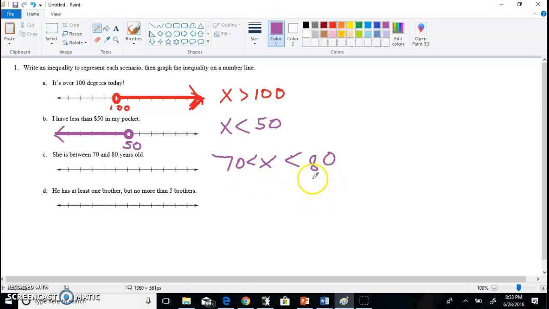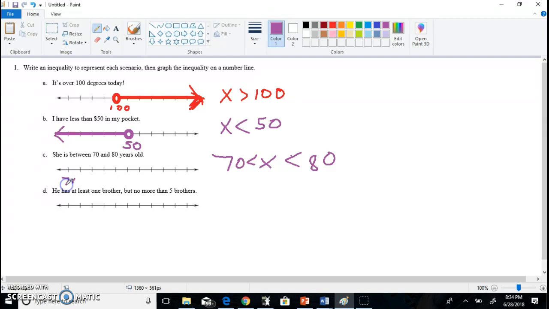Does that include 70 and 80 years old? She's in between the two. It doesn't mean that it's necessarily included. So they didn't say that it was included. So if they don't say that it's included, then you can't put the equal signs. They might have said something like she's between 70 and 80 years old inclusive, and that would mean that it included 70 and 80.